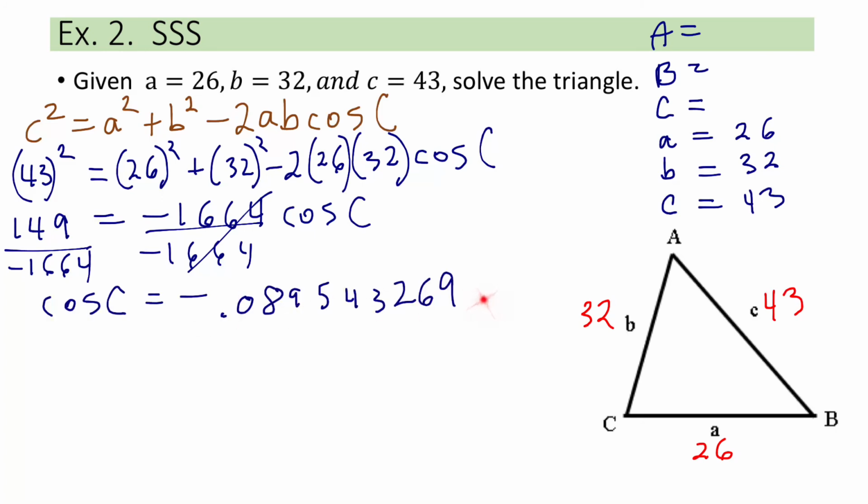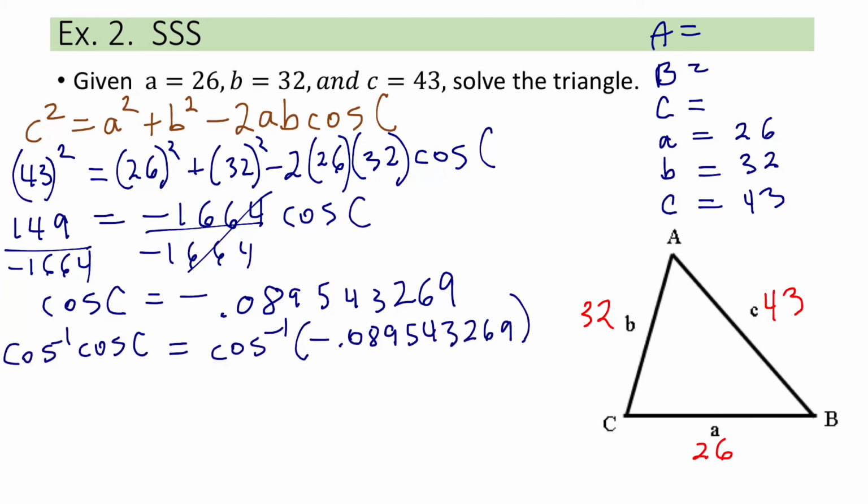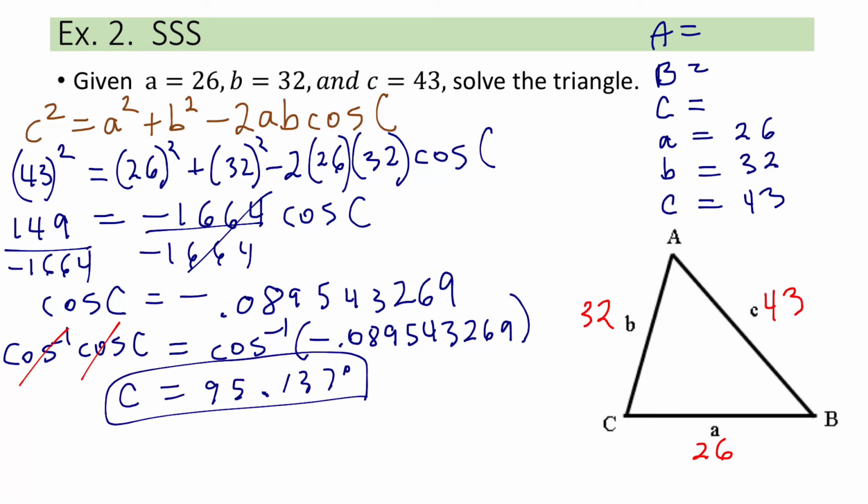Now I'm going to take the inverse cosine of both sides to find the angle C. I'll type this in, and I end up getting 95.137 degrees. Let's put that in our chart here.